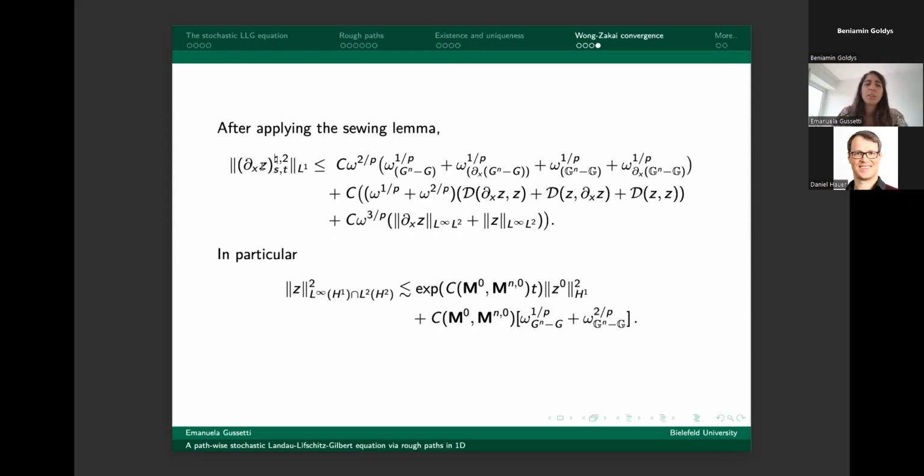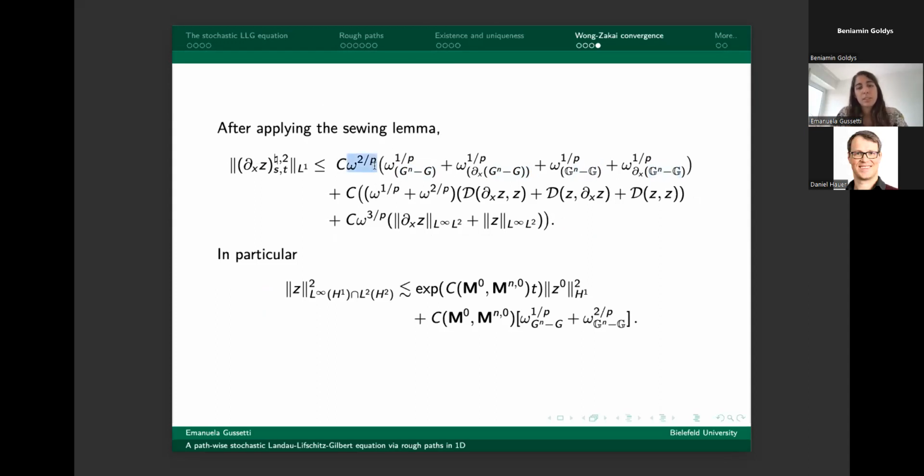In order to estimate this, we apply the so-called sewing lemma, that is, from local Taylor expansion to global approximation. And what we notice is that we can rewrite everything as differences that will make the convergence occur. So somehow we can get the difference of the noises.